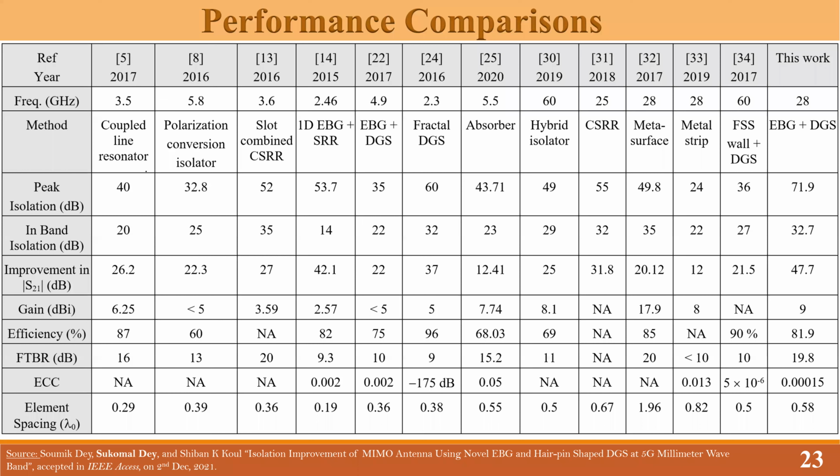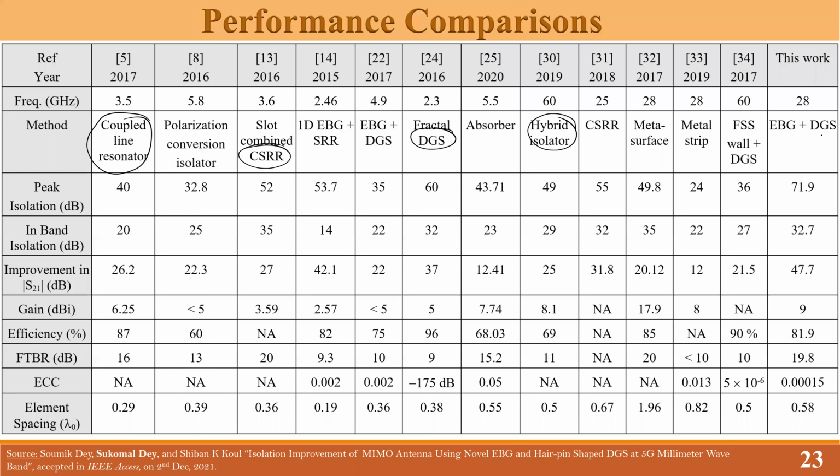This table shows the effect of the different ways one can get good mutual coupling reduction. You can use different types of absorbers, polarization converters; so many things can be used. But in some cases, like this particular reference, they use EBG plus SRR, EBG plus DGS.